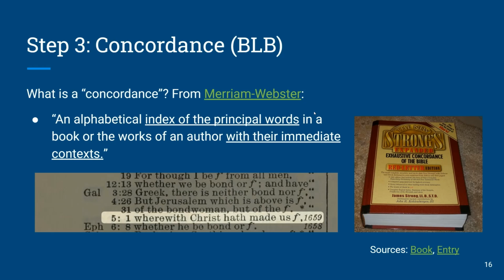The word eleutherao is the Greek word for our English word free. That's why I think F is used here, because what we see in this part of the concordance is the immediate context of the Greek word G1659 and its associated English translation of free. So, in the case of Galatians chapter 5, verse 1, "wherewith Christ hath made us free." This is just an illustration of a particular word in this snippet with that word's immediate context.